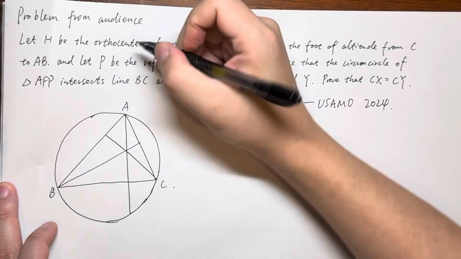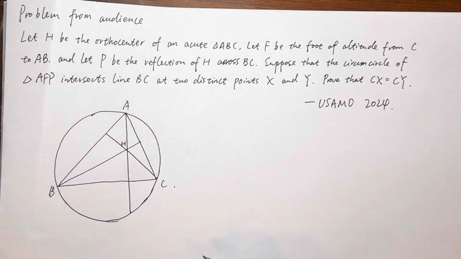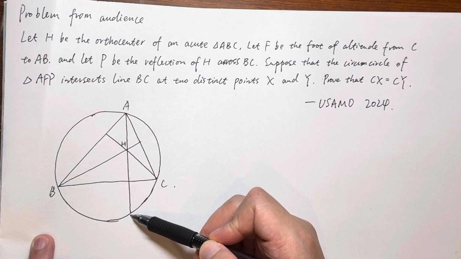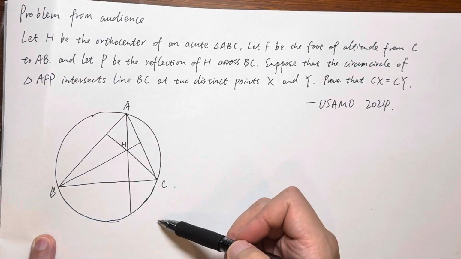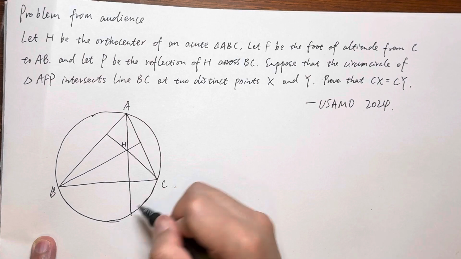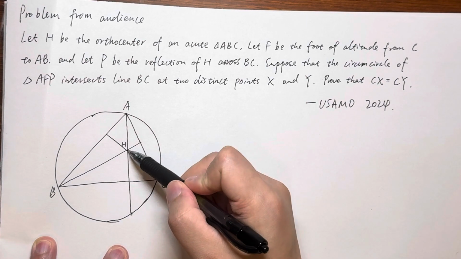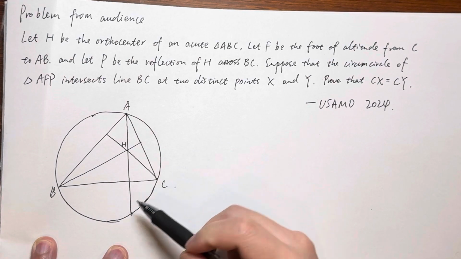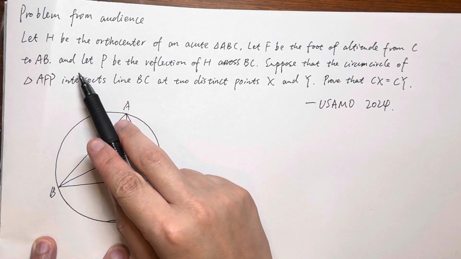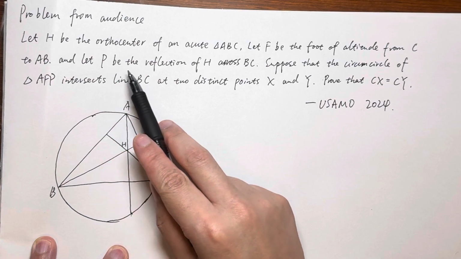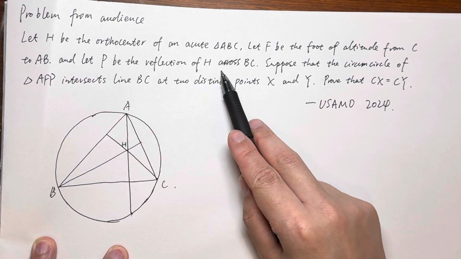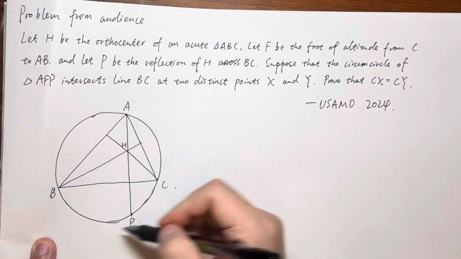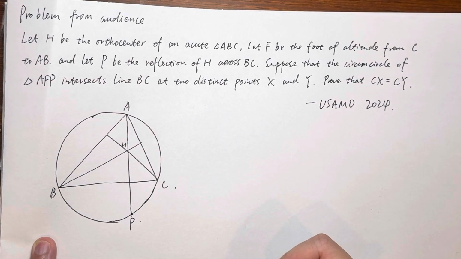Right, this is orthocenter H. If I connect AH and extend it, AH meets the circumcircle at a point, and we know this point and H are symmetric about BC, which means in this problem, the point P, which is the reflection of H across BC, is on the circumcircle of triangle ABC.